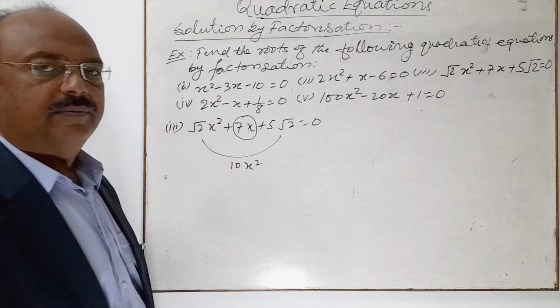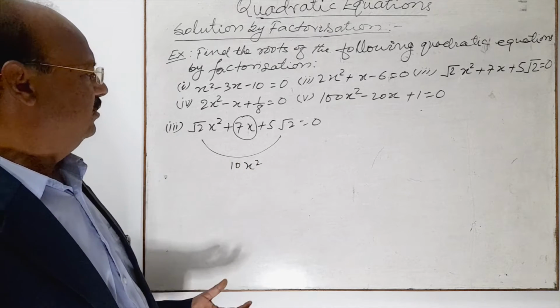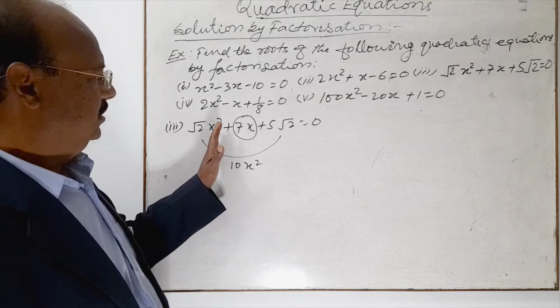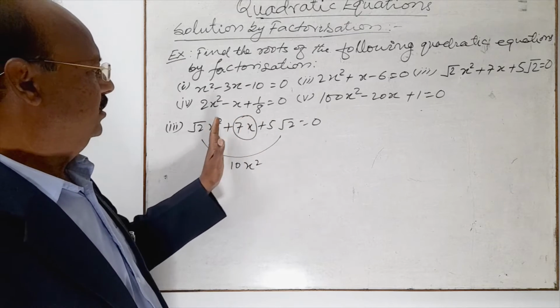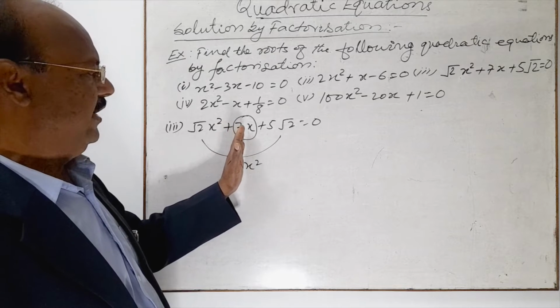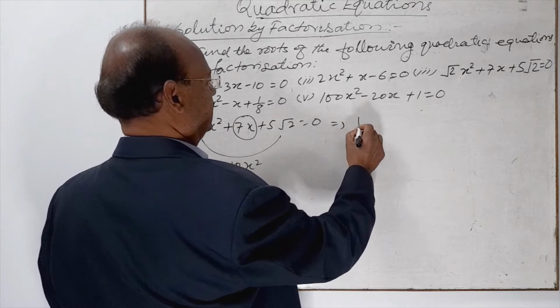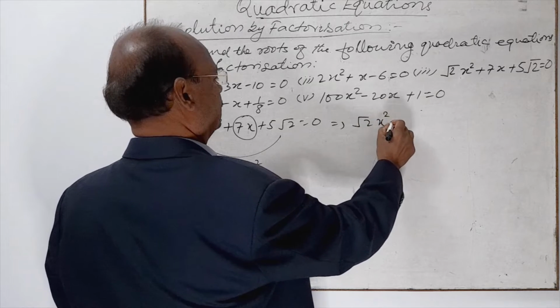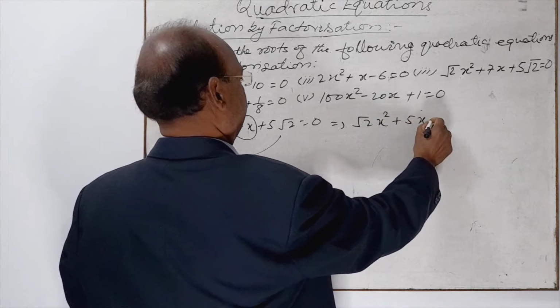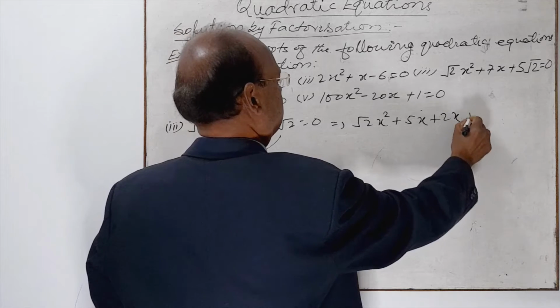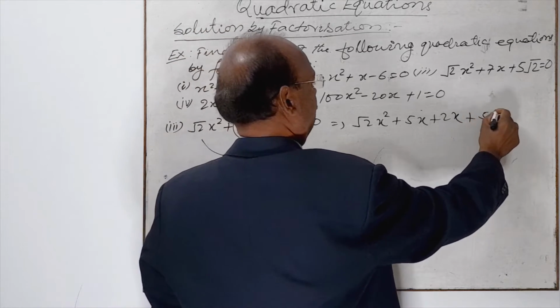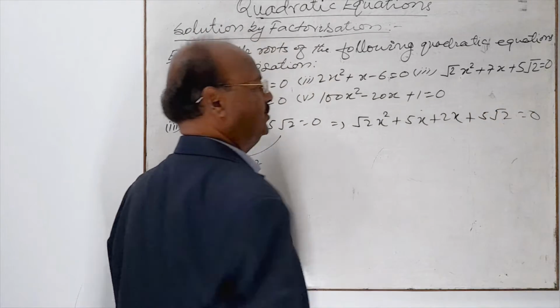10x square. So now it is very obvious that for factorization, we will split this 7x into two parts. You can write it like this: root 2x square plus 5x plus 2x plus 5 root 2 is equal to 0.